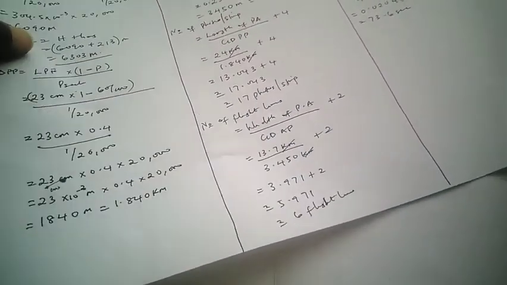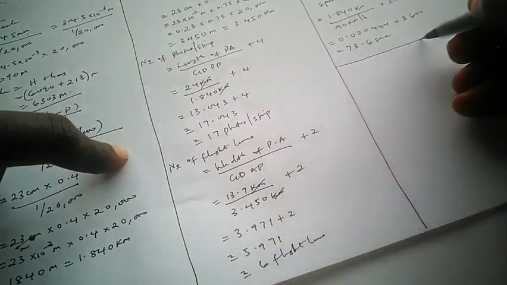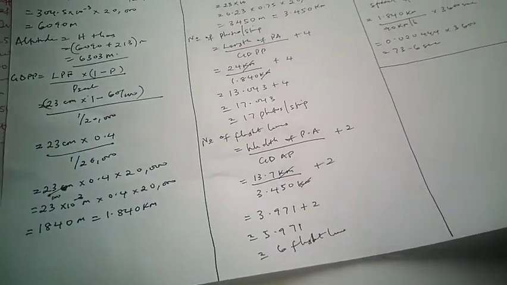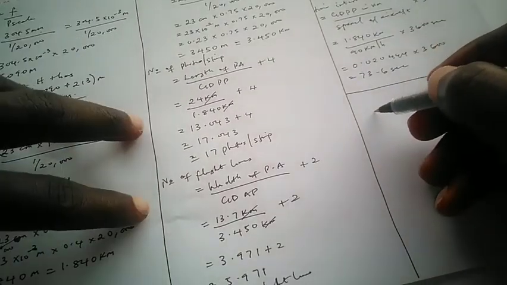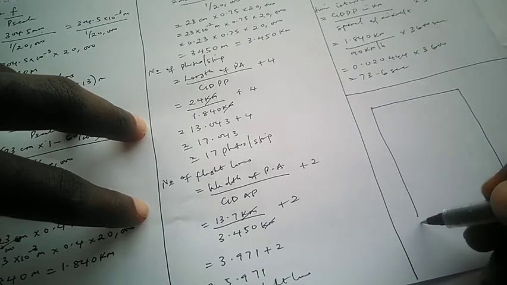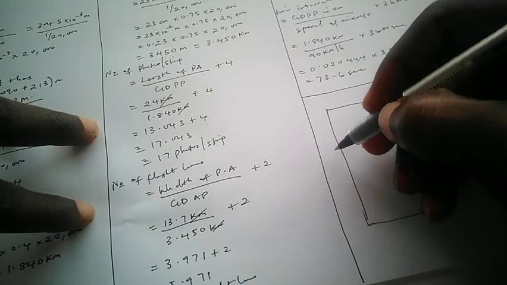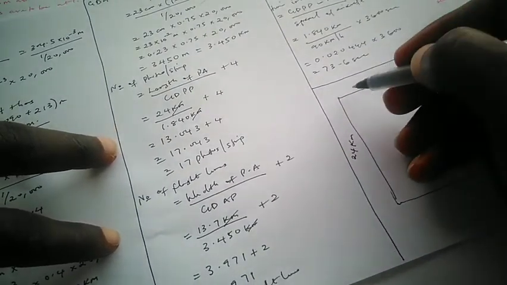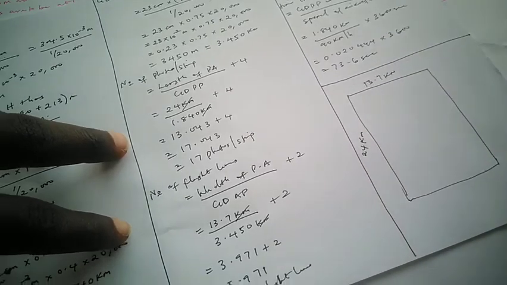And then the next thing we want to do is let's see a diagram of how this particular flight planning will look. We've been told the length of the project area and the width. So let's say we have something like this. Definitely this is our length of 24 kilometers, and this is our breadth or width of 13.7 kilometers.